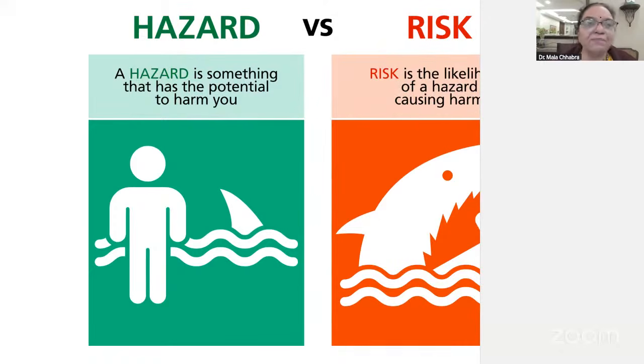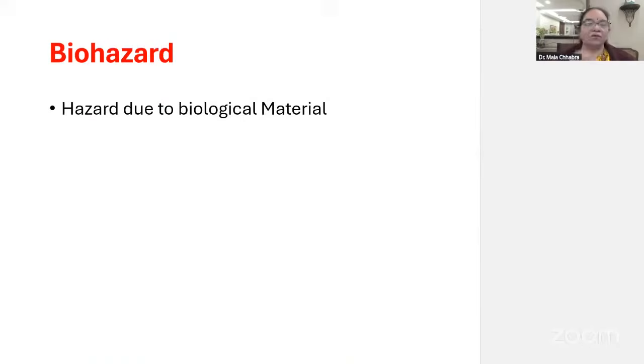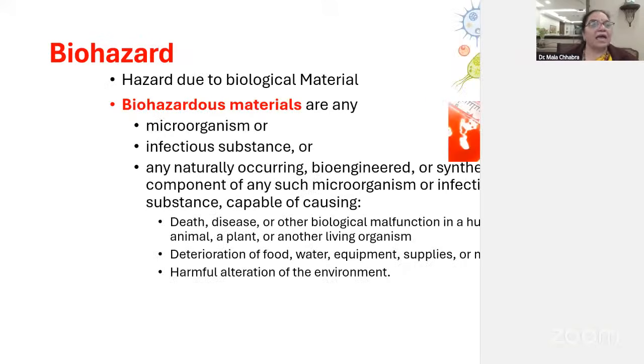Now, same principle, what is biohazard? If you apply it to science, hazard due to biological material that we handle in the laboratory is called biohazard. And biohazard materials could be anything. It could be microorganisms that you have grown, infectious substances. For example, all the samples that you are handling, because they all have biohazard material.